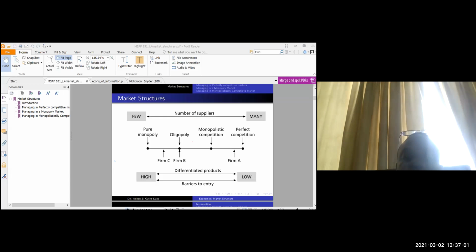And if the barriers to entry are high, there are a lot of them, you cannot enter into those markets, then you're approaching pure monopoly.